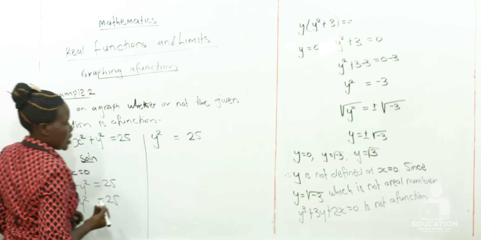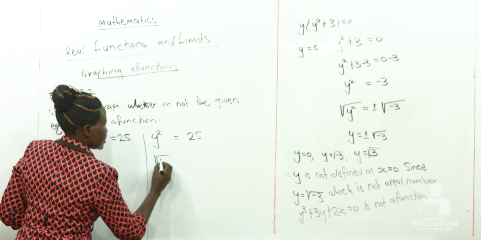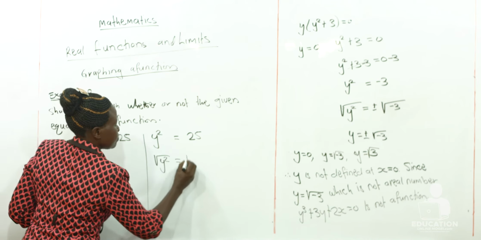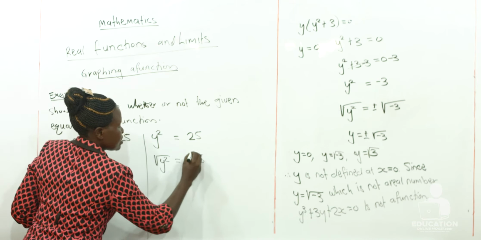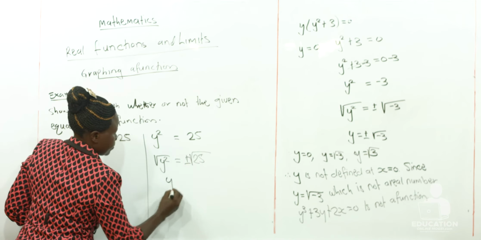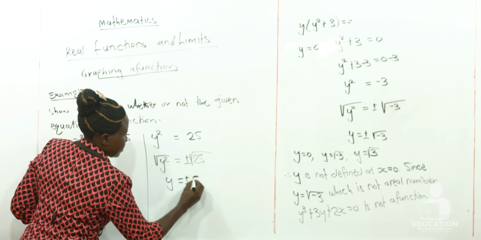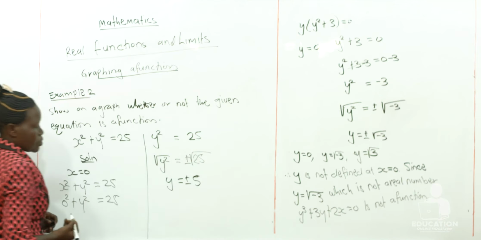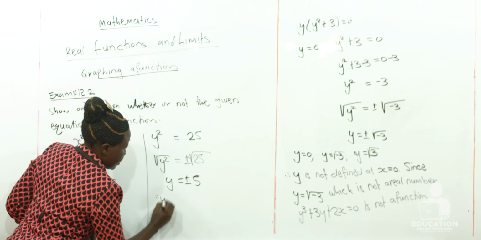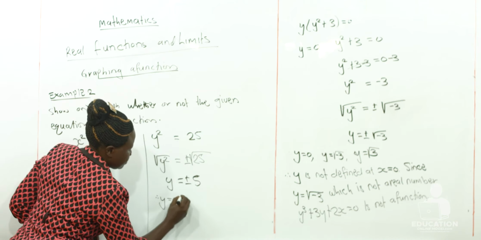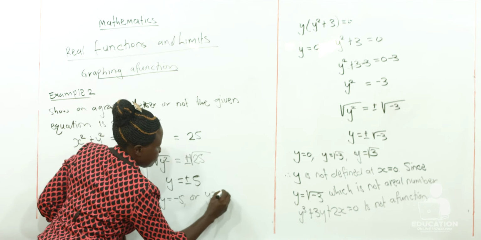If it is a square, we root both sides, so y equals plus or minus the square root of 25. So y will give us plus or minus 5, which we simply say y can be negative 5 or y can be positive 5.